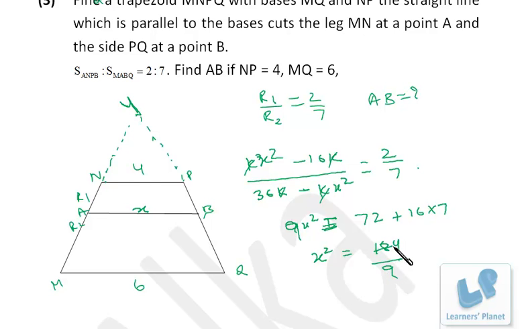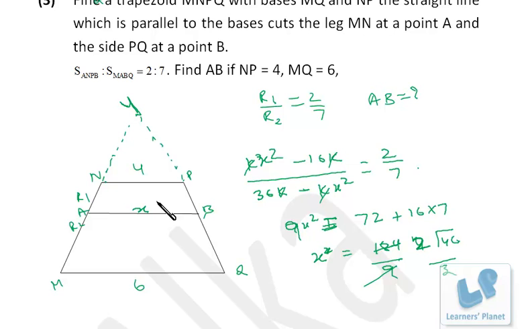Now this is 184, 4 can be taken as common, so 4 into 46, so x is 2 root 46 by 3, right? So that is the length of this side.